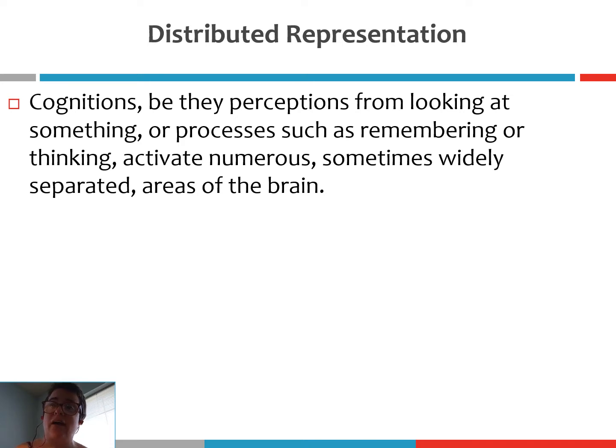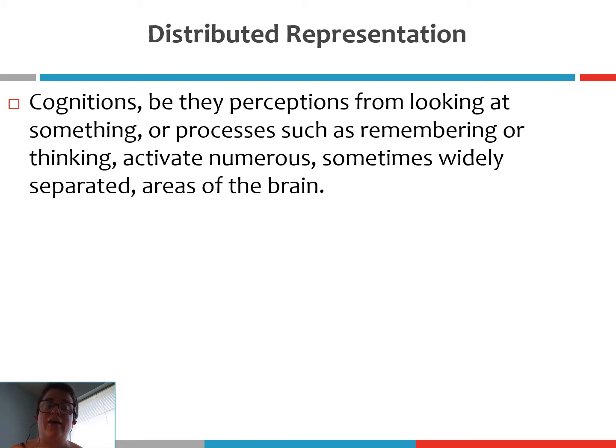Instead, we have to talk about numerous areas of the brain that operate in concert or operate together, right? So this is the notion of distributed representation, which says that for most types of complex cognition, multiple areas of the brain or multiple neural mechanisms are implicated, right?